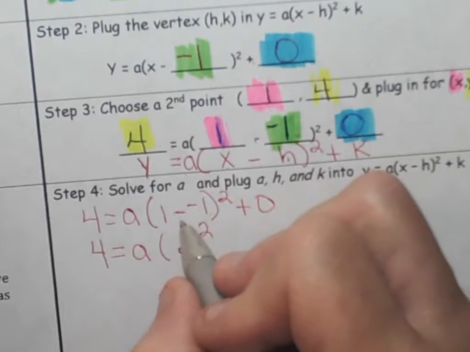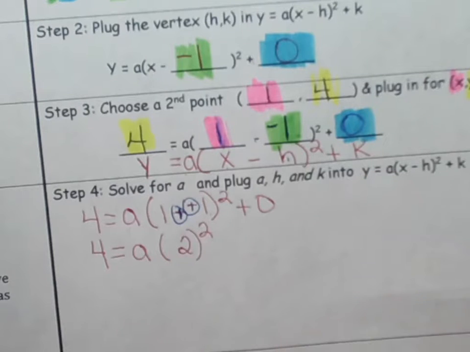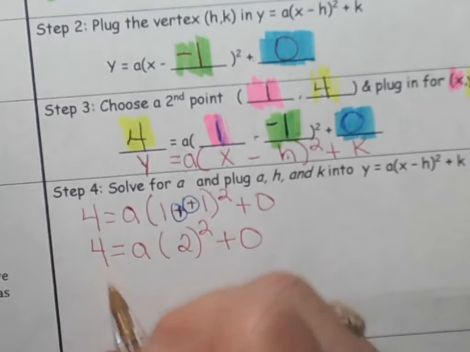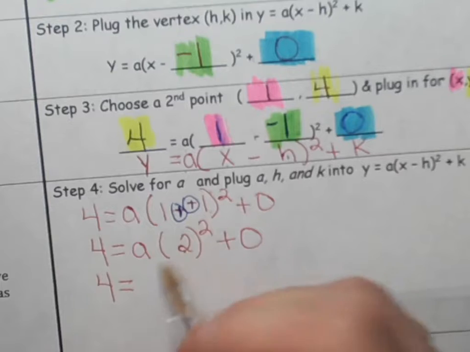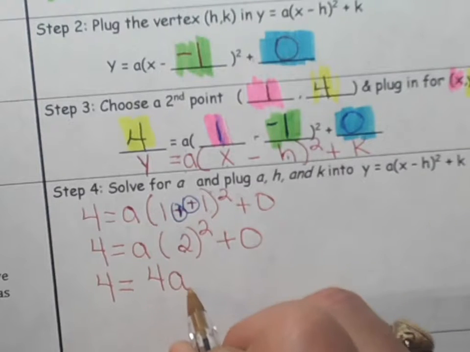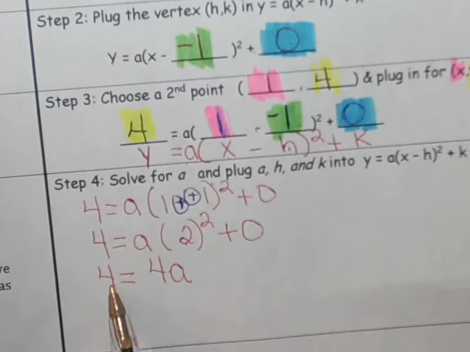Remember, right here, when you have a minus and a minus, it becomes plus, and 1 plus 1 is 2. And then we have plus 0. So right here we have 4 equals a times 2, or 2 squared, is 4. So we get 4a plus 0. So really we end up with 4a equals 4.